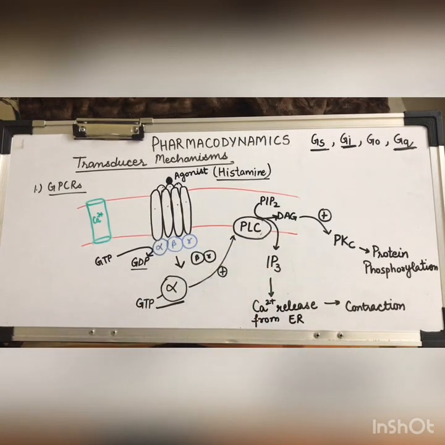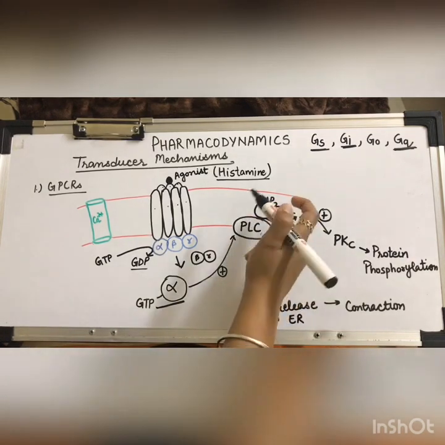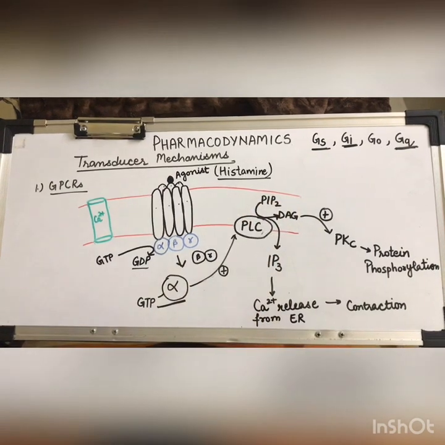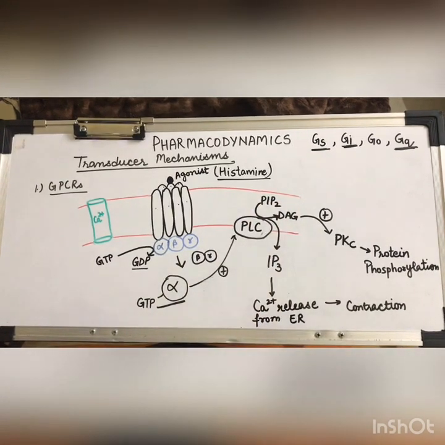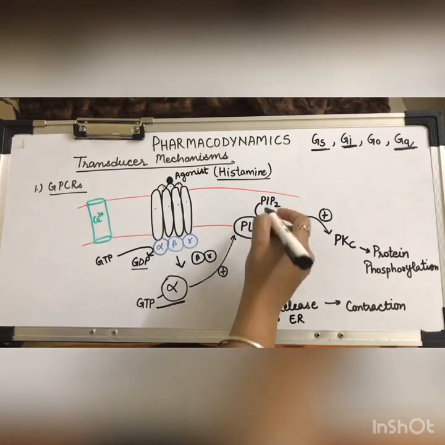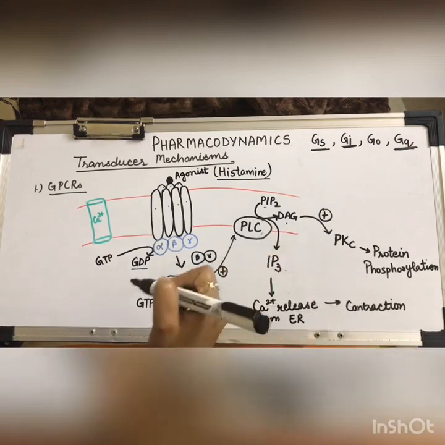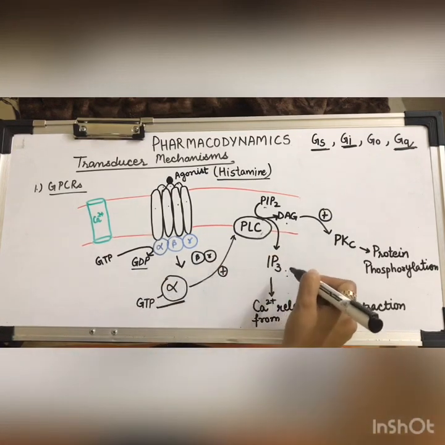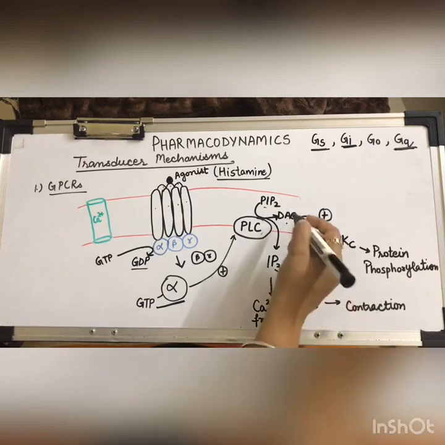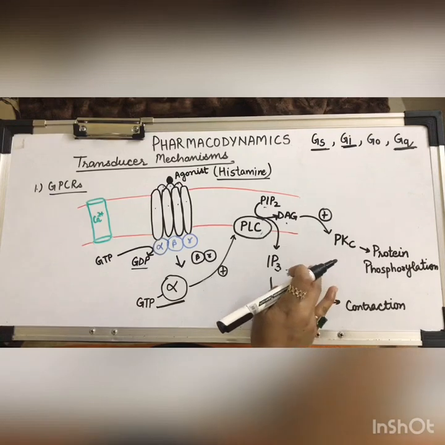Now phospholipase C will start converting membrane phospholipids, that is PIP2, which is phosphatidyl inositol 4,5 bisphosphate. It will convert PIP2 to DAG and IP3. IP3 is inositol 1,4,5 triphosphate, and DAG is diacyl glycerol.